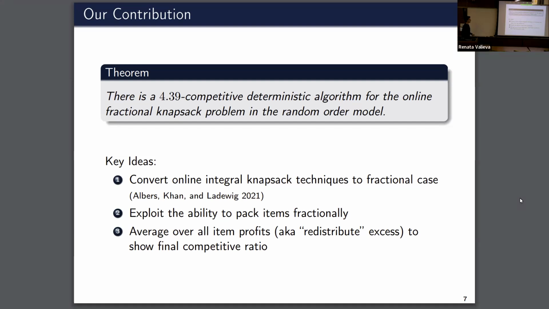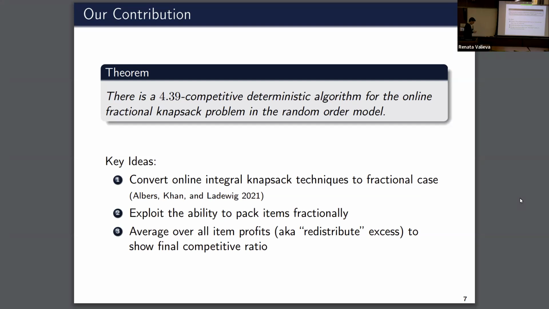So we take the AL algorithm, and we show that if you also consider the ability to pack items fractionally, you can improve the competitive ratio. We will change a bit from their paper at the end to show this competitive ratio, and average over all item profits.